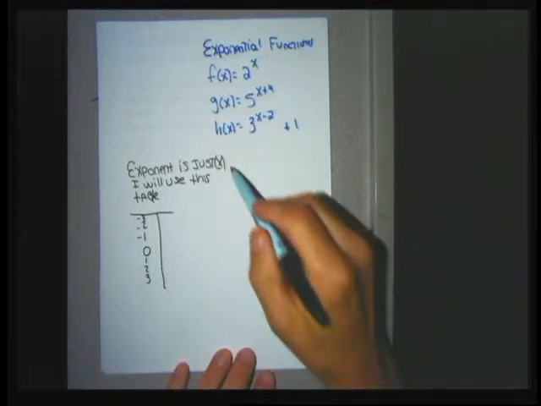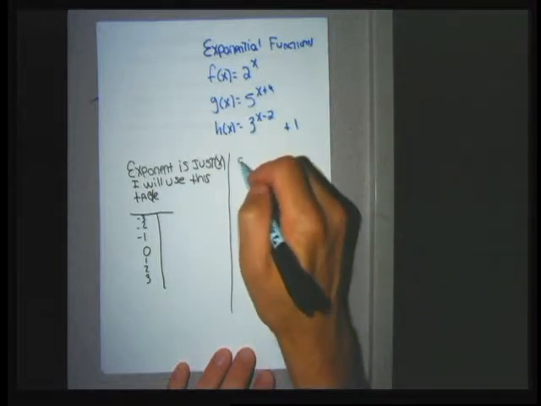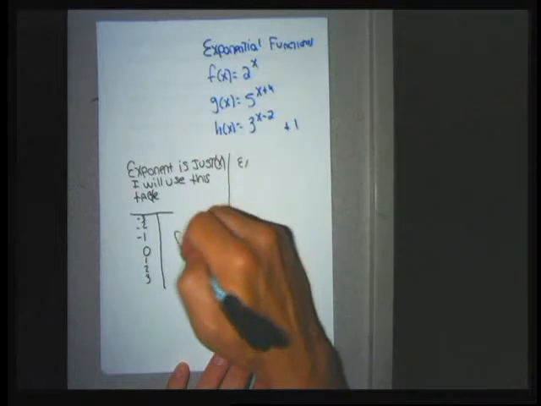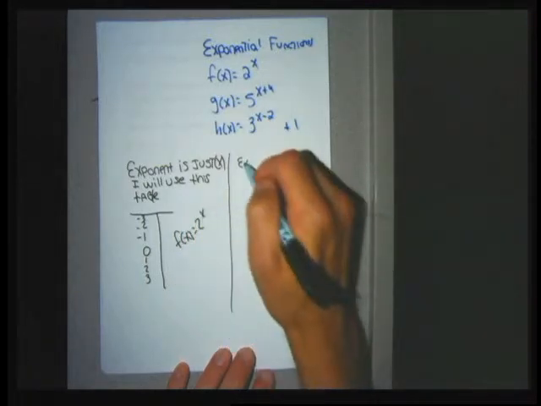And then for the next two, so this would be for f of x equals 2 to the x.